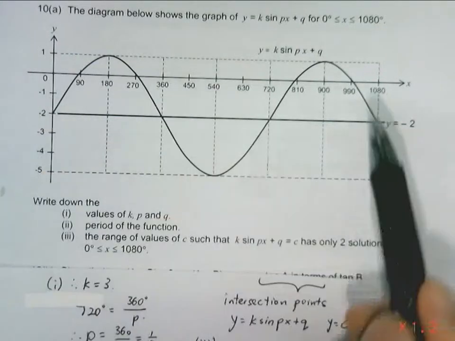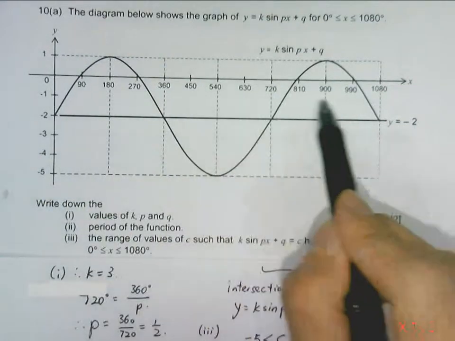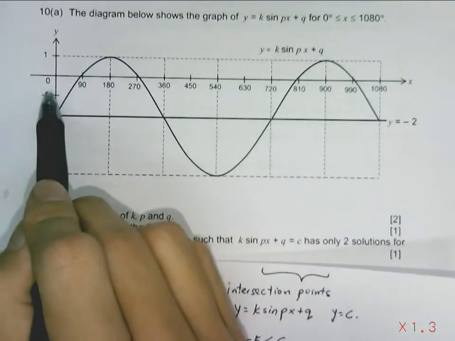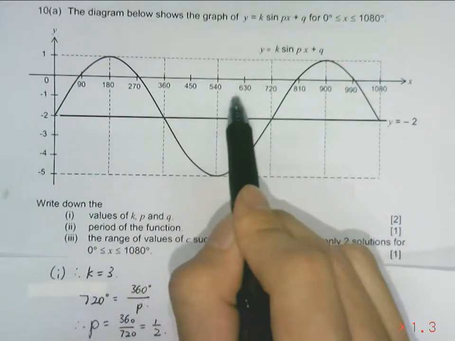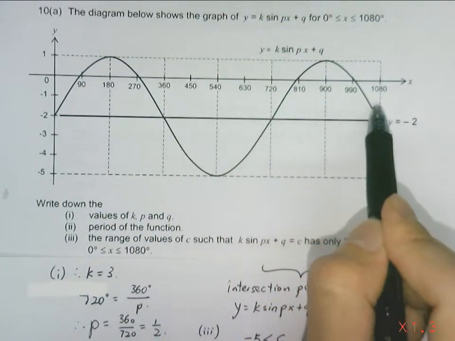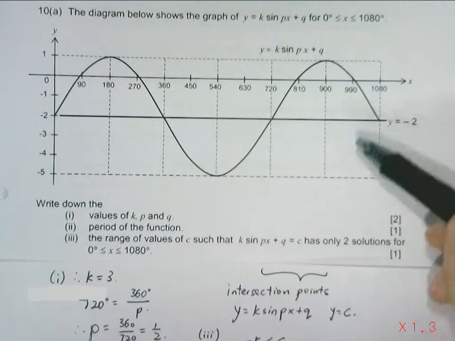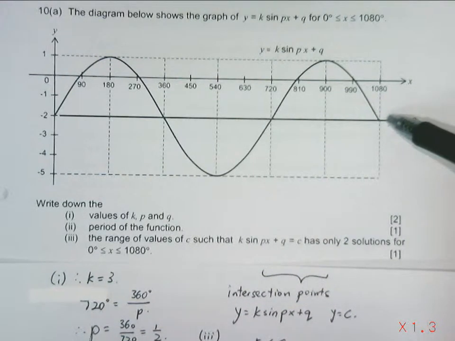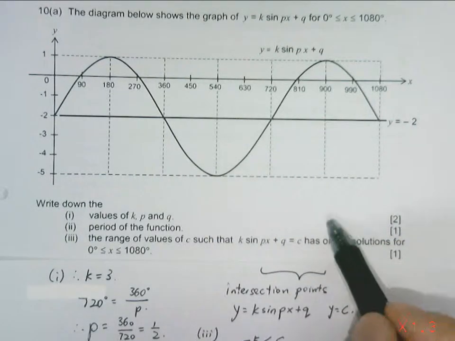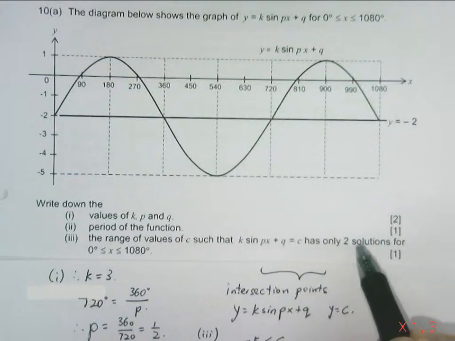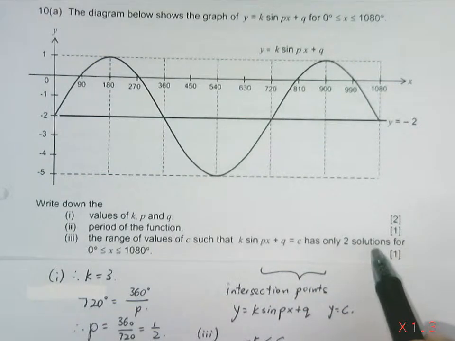For example, if I draw y equals minus 1, which is this line, moving through this straight line, I see 1 intersection point, 2, 3, and 4. So any value above minus 2, or including minus 2 itself, will not be accepted because there will be at least 4 intersection points already.